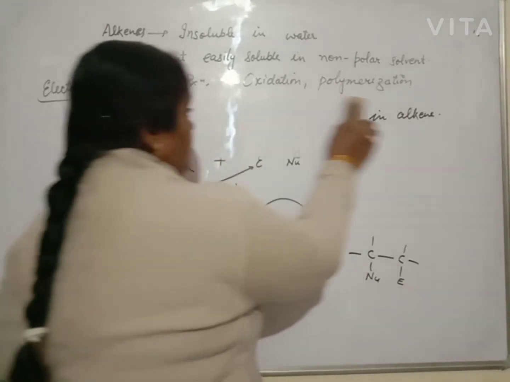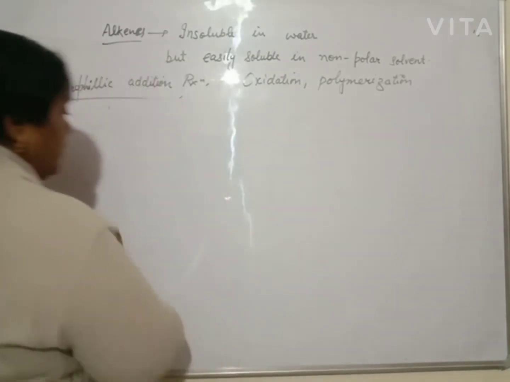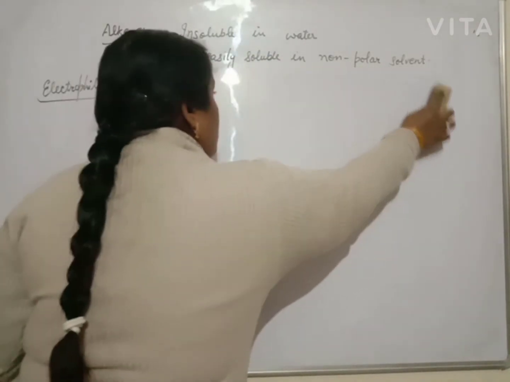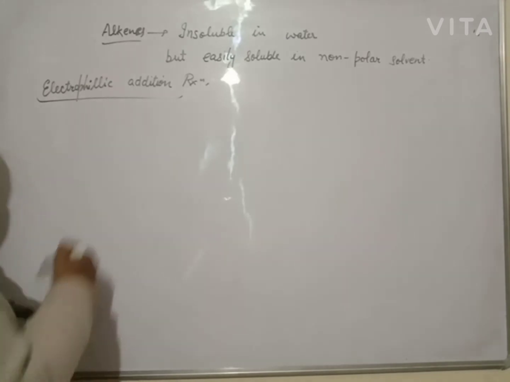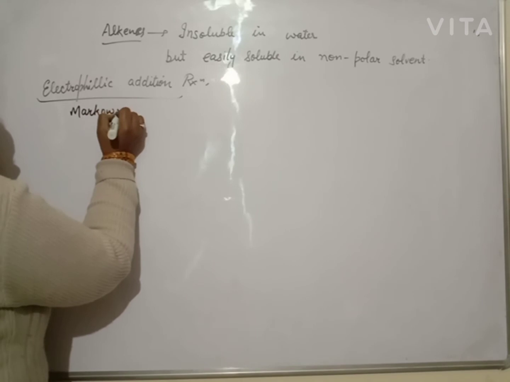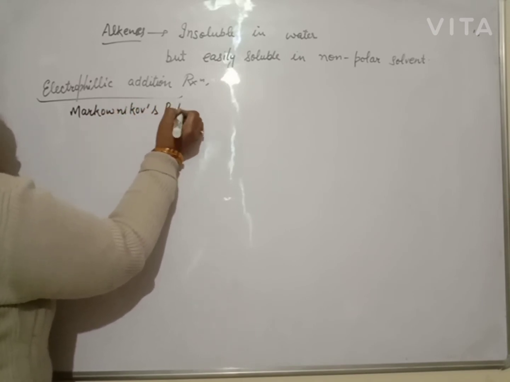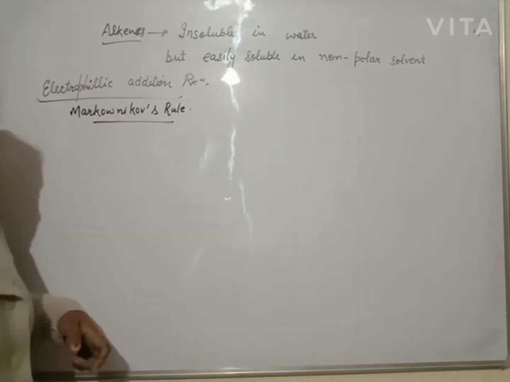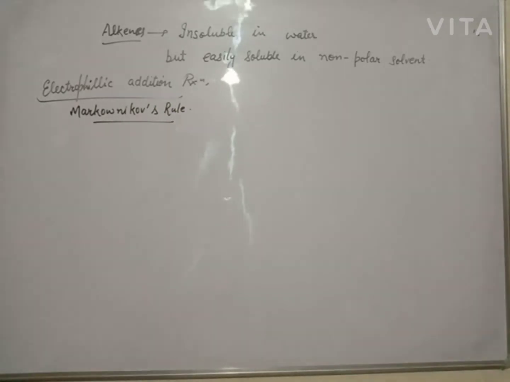Now start chemical properties. First of all, beta, for electrophilic addition reaction you must learn two rules. Markovnikov's rule. Beta, in this case you must add unsymmetrical reagent to unsymmetrical alkene.